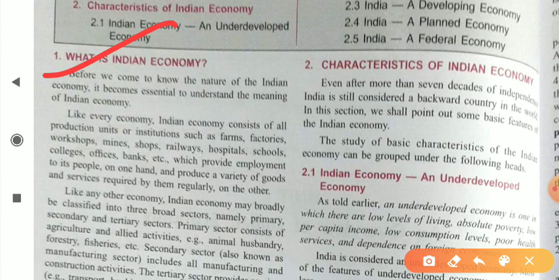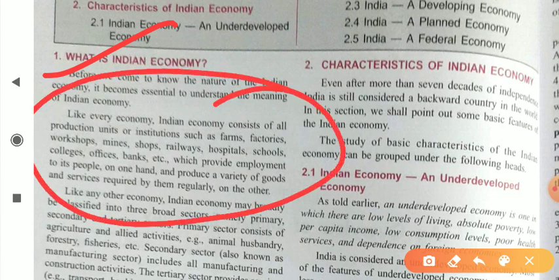So we can see that like every other economy, our Indian economy also has production units and institutions which provide employment as well as produce goods and services for the people of a country. So this is our Indian economy.